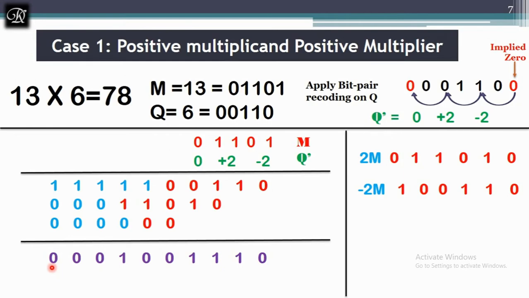This is the product of 13 into 6, which is again 78, 2 plus 4 plus 8, 14 plus 64, 78, we got it.